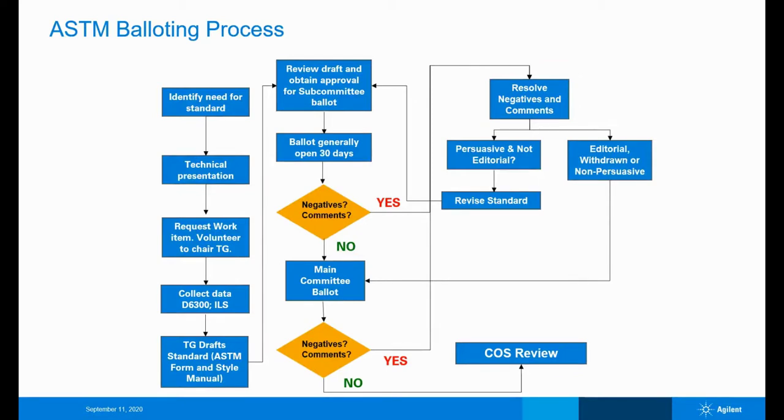If you have negative votes and comments, they have to be addressed. And the same decision tree is used to resolve negatives, as in the one that was described for the subcommittee. If there are no negative votes, the standard test method moves on to the Committee on Standards for review and then published after that.